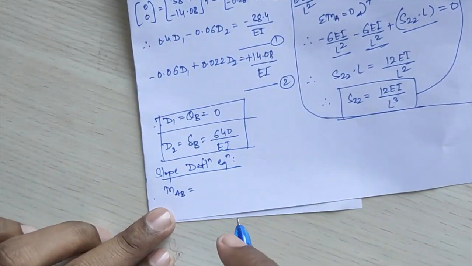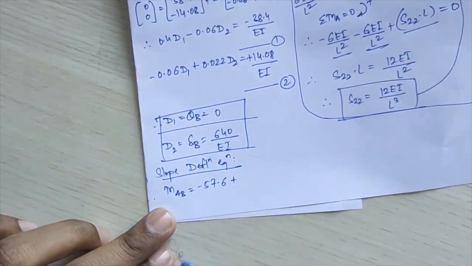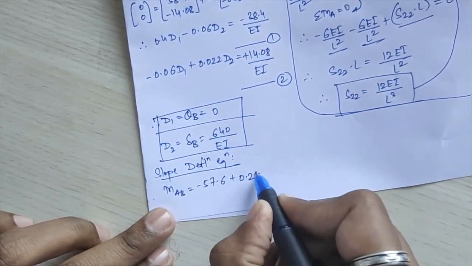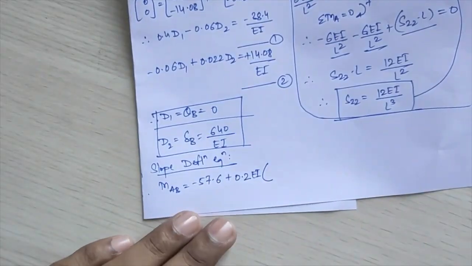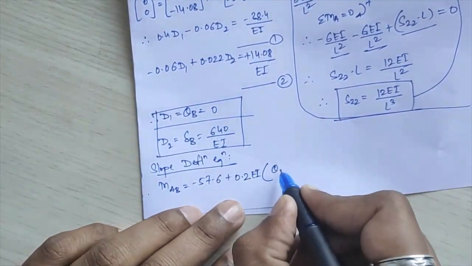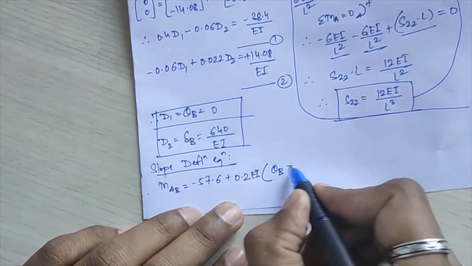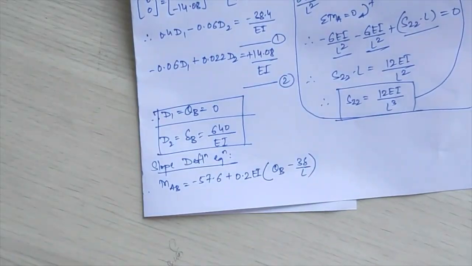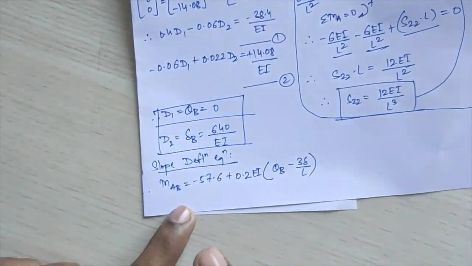MFAB I have got as minus 57.6 plus 2EI upon L, so L is 10, that comes to 0.2 times EI into the bracket. Theta A will be 0, so what remains is just theta B, minus 3 delta upon L. Now here you have to consider the delta value; that delta will be this delta B value.